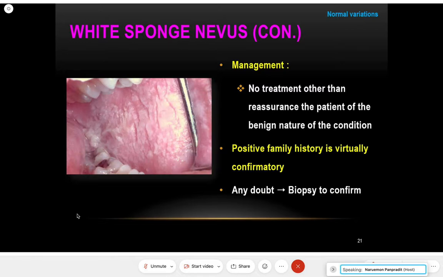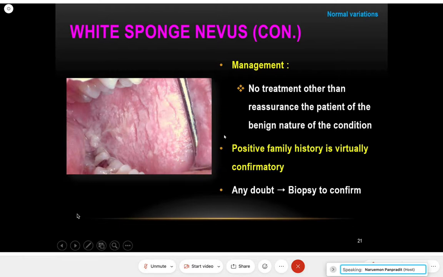If he or she can report that, okay, my father, grandfather, grandmother, or parents also have this character, that is positive confirmation that it's white spongy nevus for sure. So you don't need to do anything.